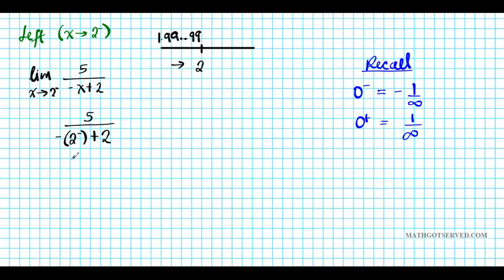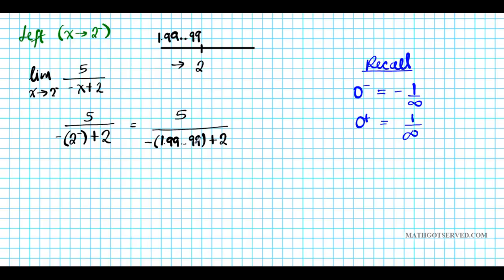So what I'm going to do is represent 2 from the left with this approximation right here so I can easily carry out my arithmetic. So this is going to be 5 divided by the opposite of 2 from the left, which is 1.99, infinite number of 9s, just go on forever, plus 2.